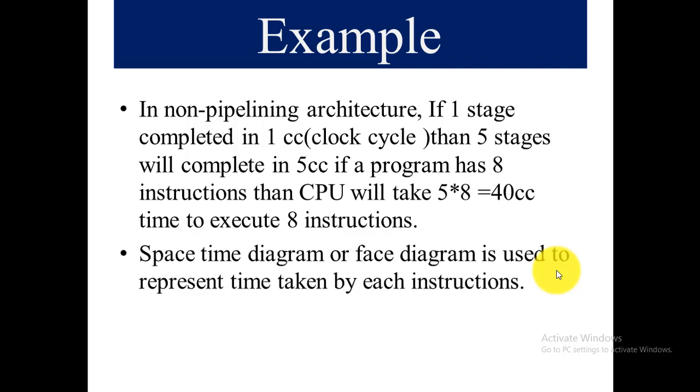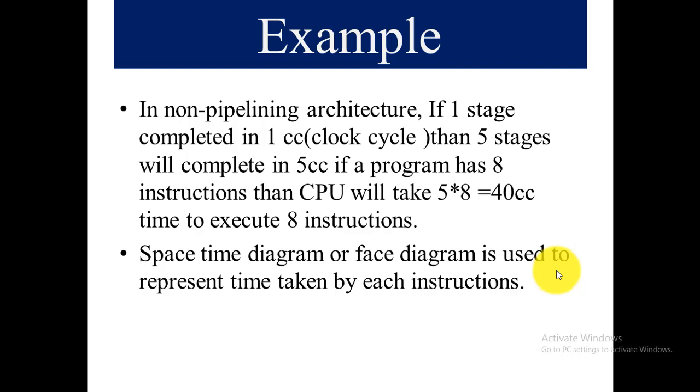Usually a space-time diagram, which is also known as a phase diagram, is used to represent the time taken by each instruction. So let's understand how the instructions execute in RISC architecture, in pipelining architecture, with the help of the phase diagram. So in short, in non-pipelining architecture, the CPU will take 40 clock cycles to execute 8 instructions.